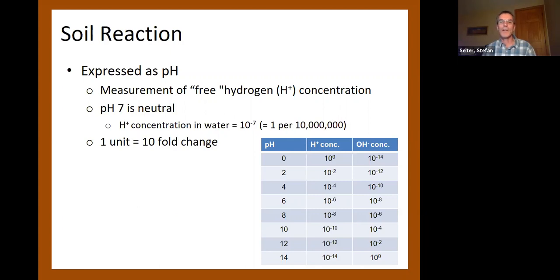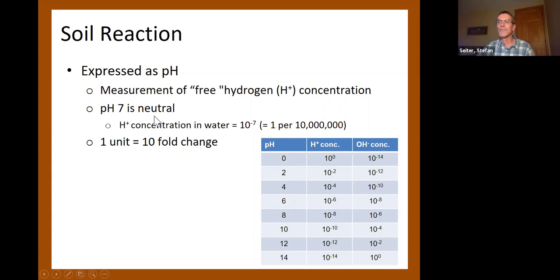And what it actually is, is a measure of the concentration of the hydrogen ions that are in that solution where you measure the pH. Usually the hydrogen ions and the hydroxyl ions are bound into water, H2O, but there's always some free ones, and those free ions, that's what we basically measure.